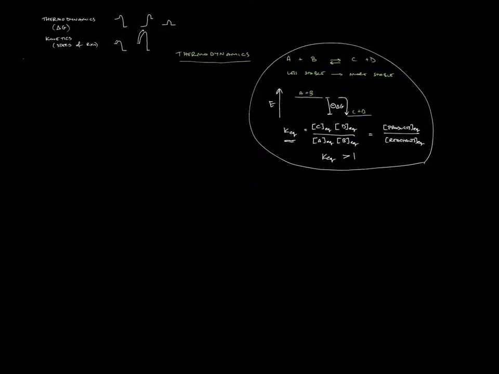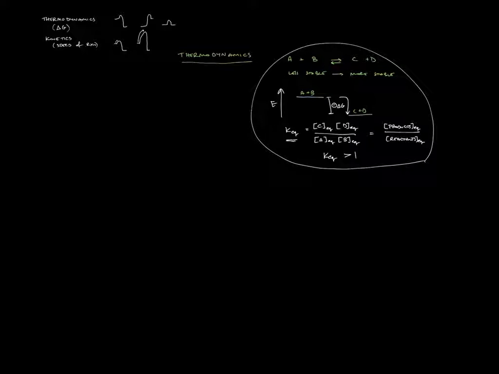So let's consider the other circumstance, where we have A plus B going to C plus D. Well, what happens if your starting materials are more stable and the products are less stable?